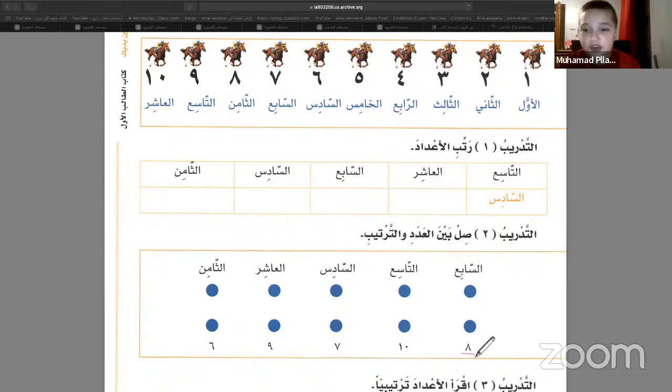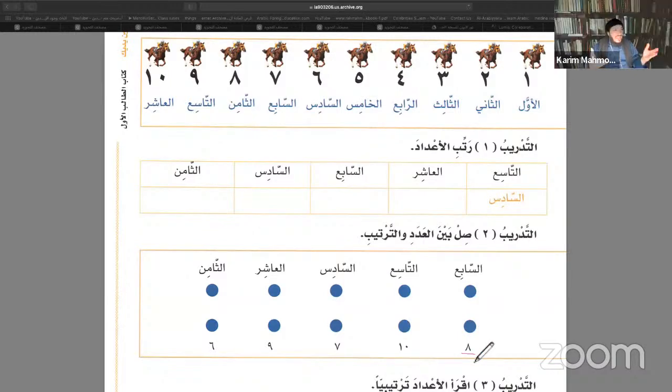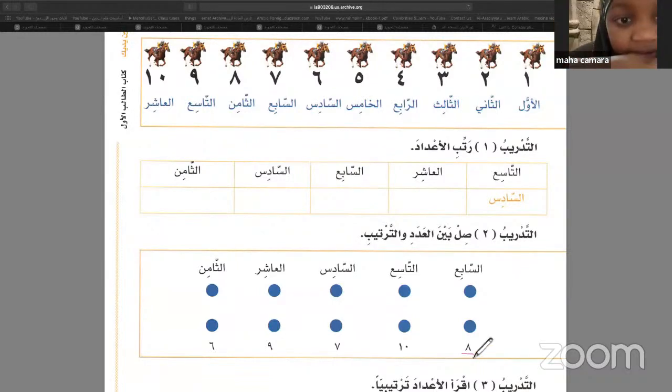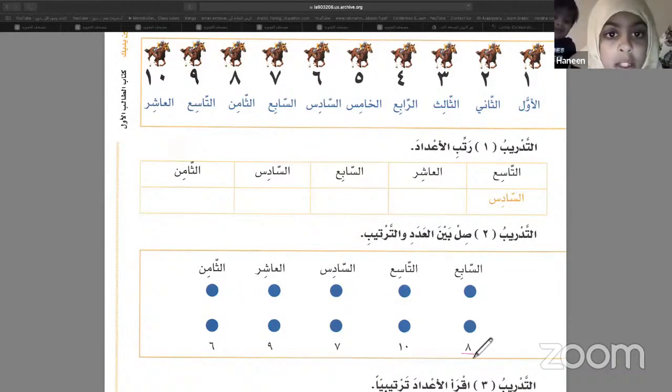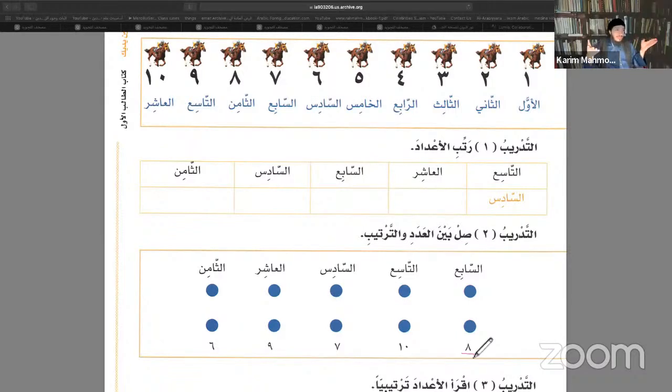I need Arabic. This is Arabic class. The number is called what? Not in English. Thamania, right? That's what the number is called.